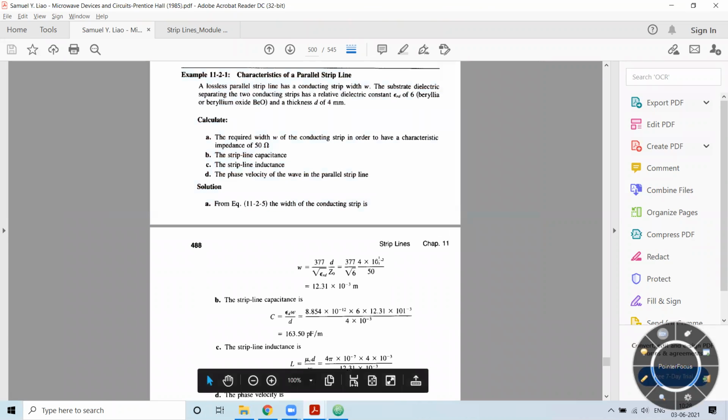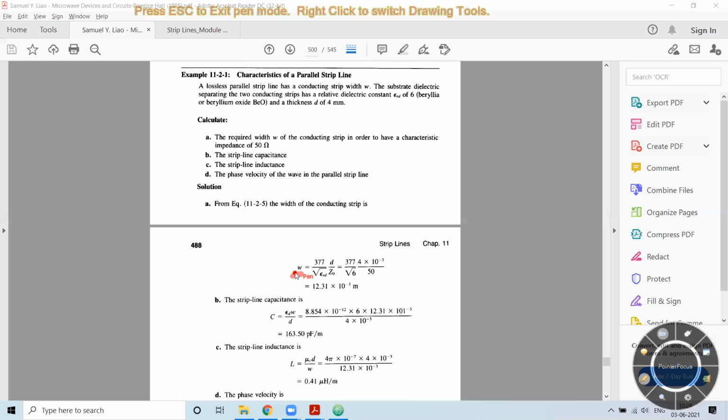So in this case, first we need to identify the width. As we had seen, it is given by 377 divided by square root of epsilon rd, into D divided by Z naught. Here we want Z naught equal to 50 ohms, epsilon rd is 6, and D is given as 4 millimeter.